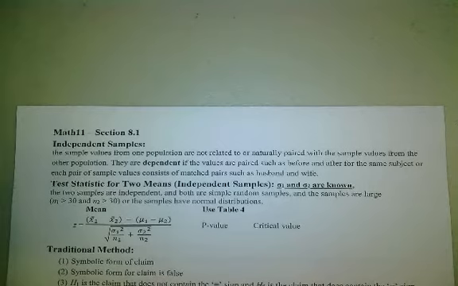There was a different equation every time we changed what it was we were focused on: proportion, mean, standard deviation, and so forth. Well, now we're going to do the same thing. It's just the equations will change because we're looking at two samples. If you go back to the previous chapter, however, you will see that the test statistics are very, very similar, with the exception that now there are two samples instead of just one.